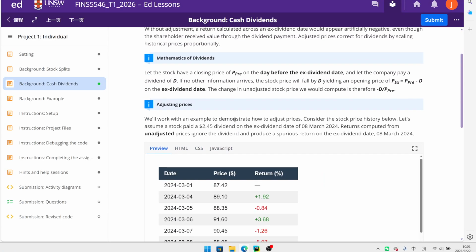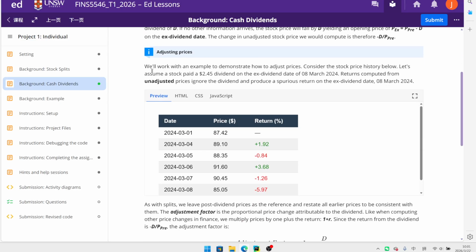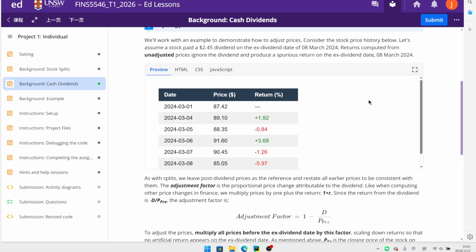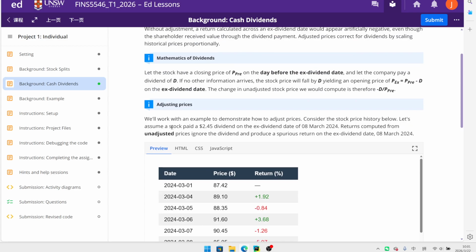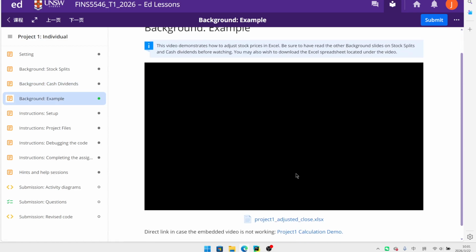Dividend date, the earnings dividend equivalent. We will work with an example. Say some stock paid dividends on March 20th. Return computing ignores the stock split previously.